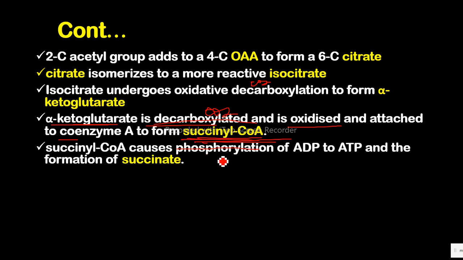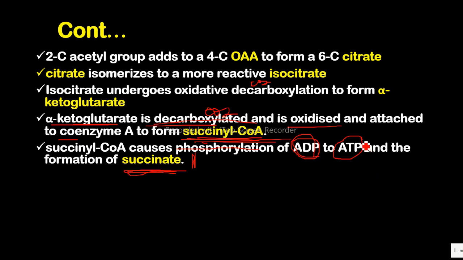Since succinyl CoA is a high energy compound, as it converts to succinate, with the enzyme succinyl dehydrogenase, it loses some energy, and that energy adds an inorganic phosphate to ADP to form ATP. We are going to see the illustrations down.